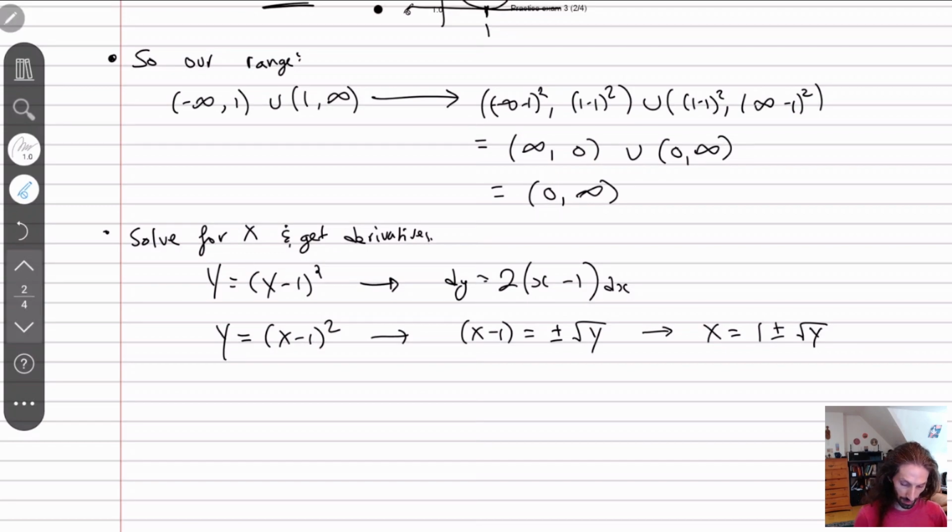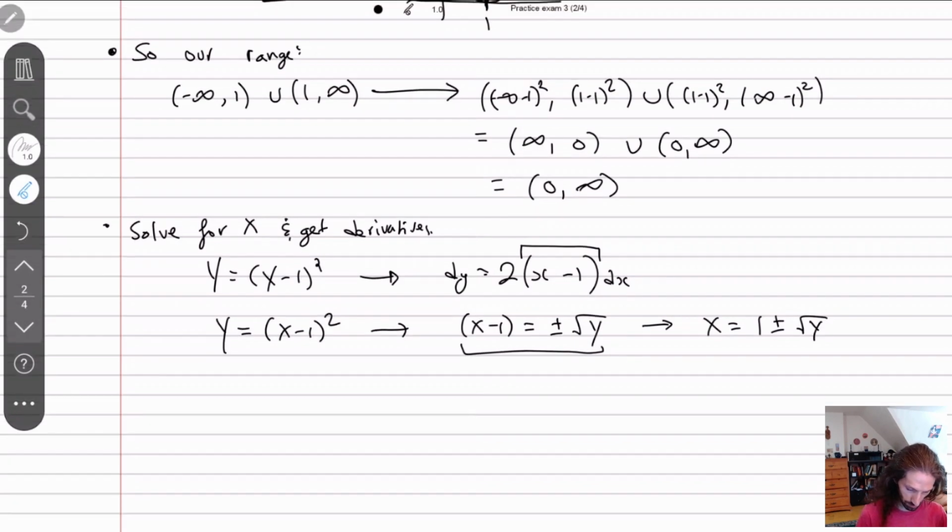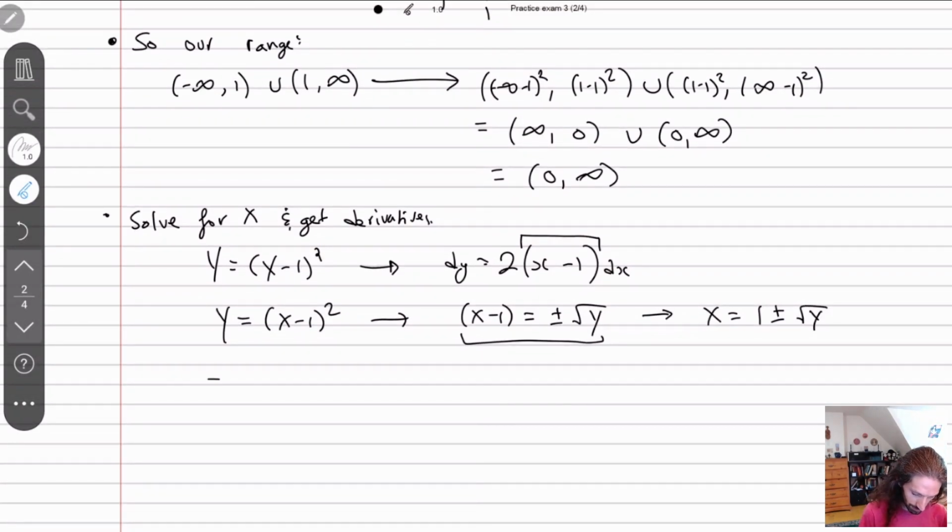You see here I have an x minus 1, so substituting x minus 1 is probably going to be easier than substituting in an x. So dy over dx is 2(x minus 1), which is just equal to 2 times plus or minus square root of y.